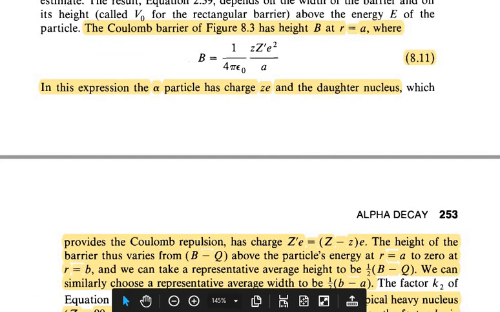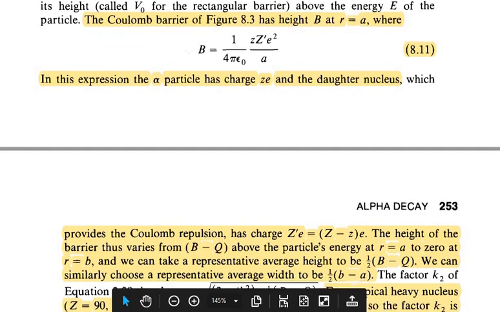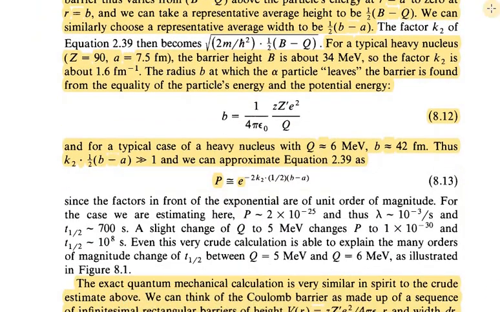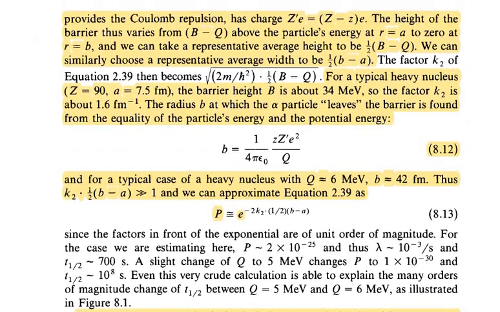The height of the barrier thus varies from B minus Q above the particle's energy at r equal to a to 0 at r equal to b. And we can take a representative average height to be half B minus Q.